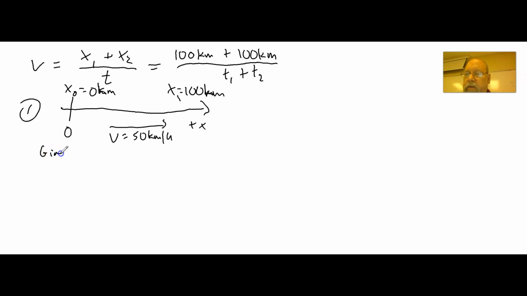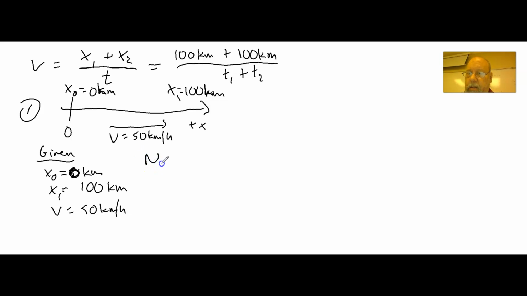So for the first part of this, we're given that x0 equals 0 kilometers, x1 equals 100 kilometers, and v equals 50 kilometers per hour. And I need time, t1.